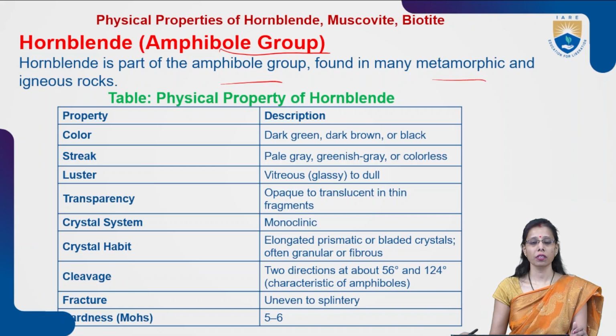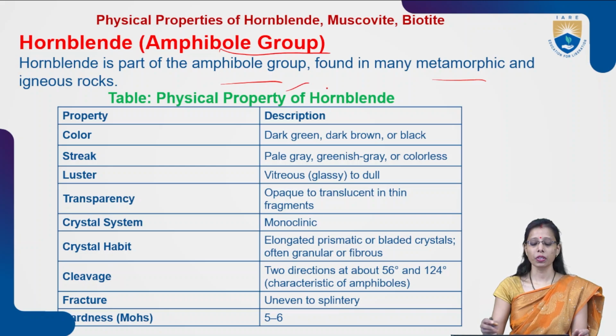Under those conditions, the final output of that rock is a metamorphic rock. So hornblende is a mineral which is present in metamorphic rock or even in igneous rocks. Igneous rocks are formed due to lava or magma. So we find these kinds of minerals in these kinds of rocks.